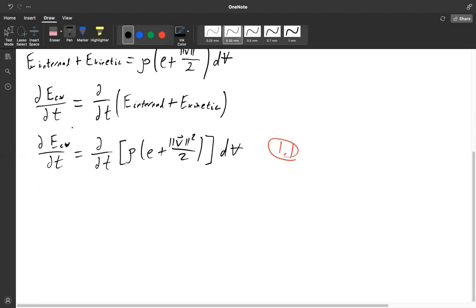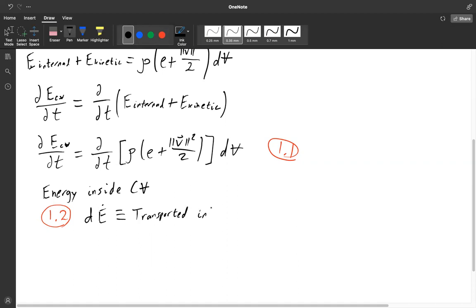So, focusing on the energy inside of the control volume, we have, call this 1.2, dE dot, which is the transported internal and kinetic energy.